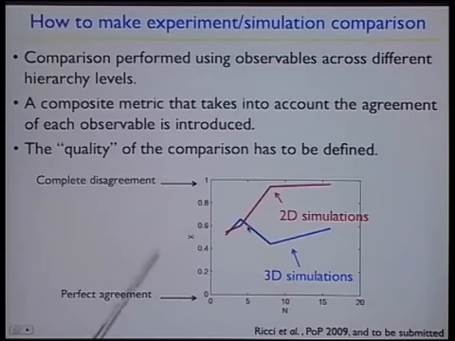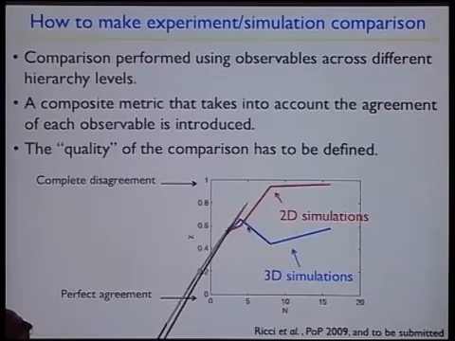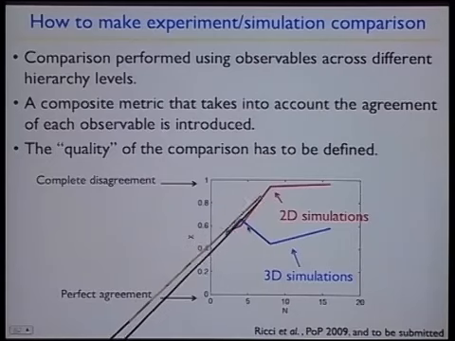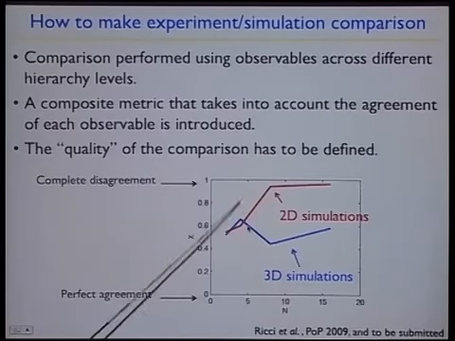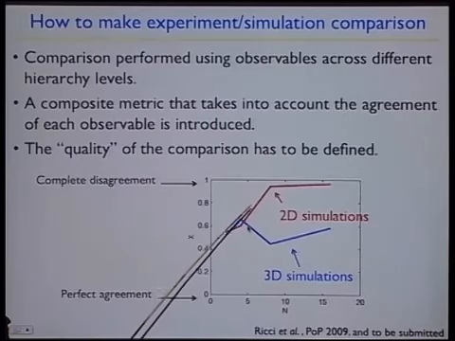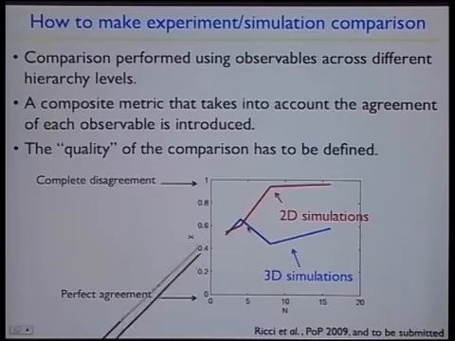So what we have seen is that 2D simulation becomes really bad at high n. In this case, in fact, the k-parallel becomes different from 0, and 2D simulations are not good, while 3D simulations remain reasonably good.